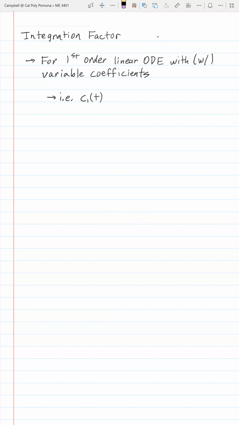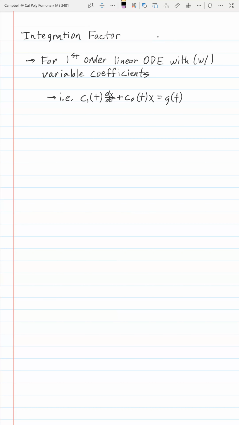So let's go ahead and say that we have a form for this differential equation: C1 of t times dx/dt plus C naught of t times x is equal to g of t.